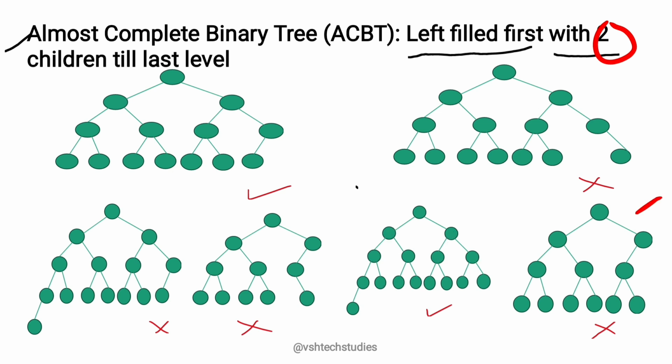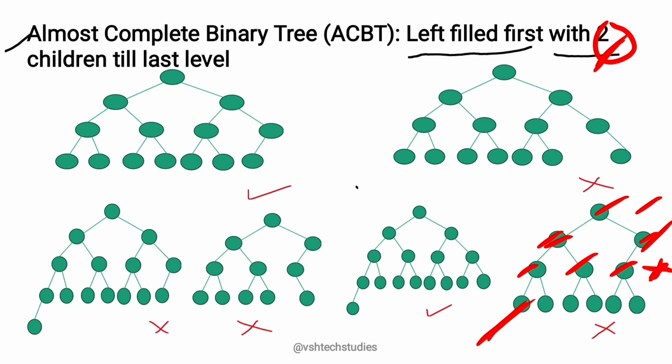So this last tree, if you consider, this node is having left, right 2 children, this node is having left, right, then this node is having left, then no right child. Without filling this level with 2 children, the next level is filled. We can go to the next level only when till last level all the nodes are made to have strictly 2 children. So till last level all the nodes having 2 children, only then the next level can be filled, and while filling, left must be filled first.